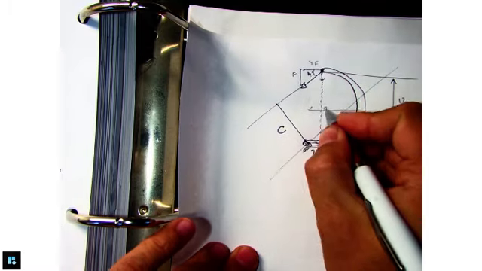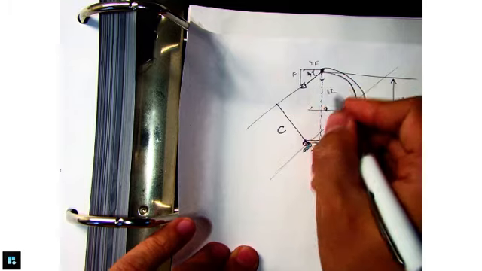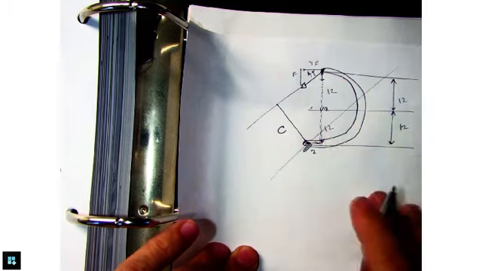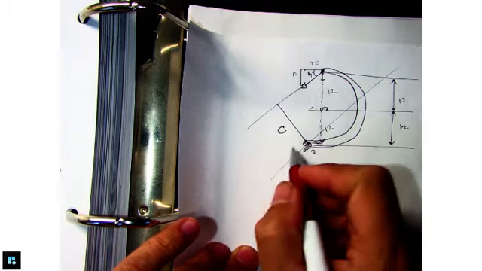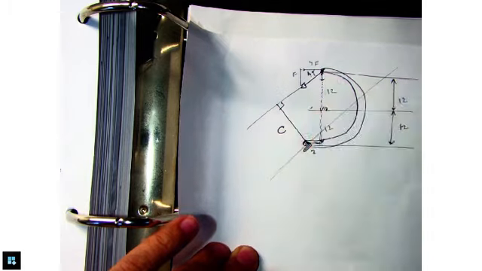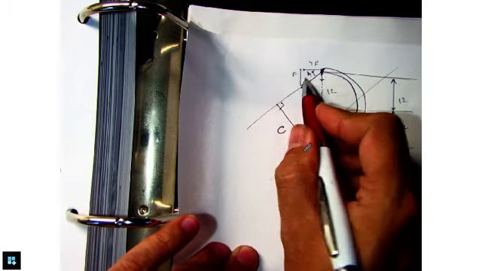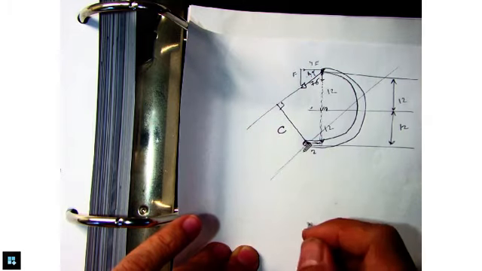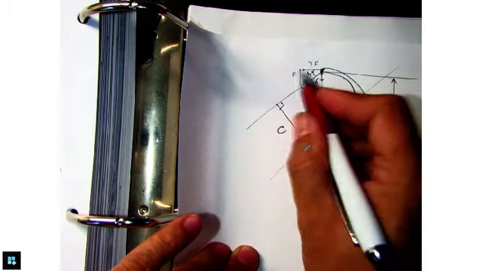Again, I have 12 here, and I have 12 here. So what is going to be my C? And this angle is 90. If this is 14, this one is going to be 76, right? Because this is perpendicular to that.